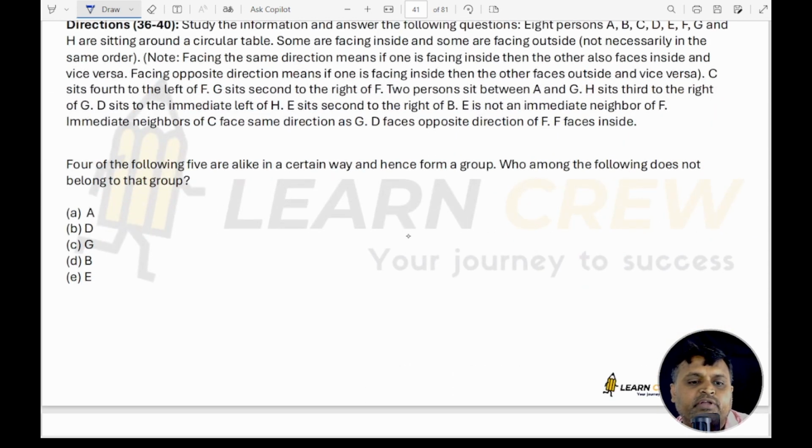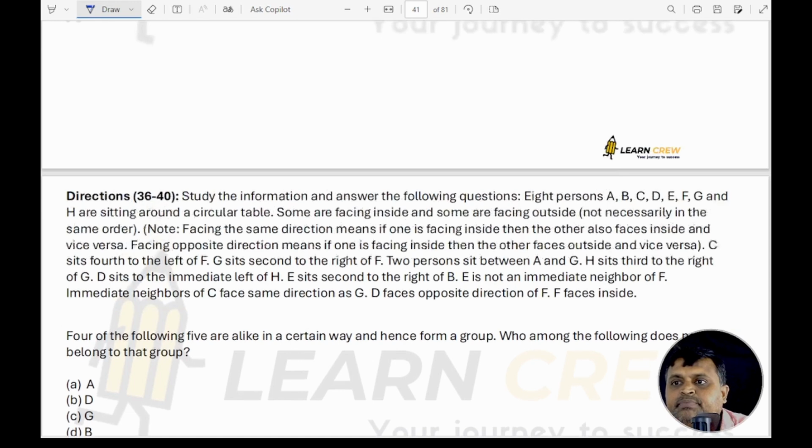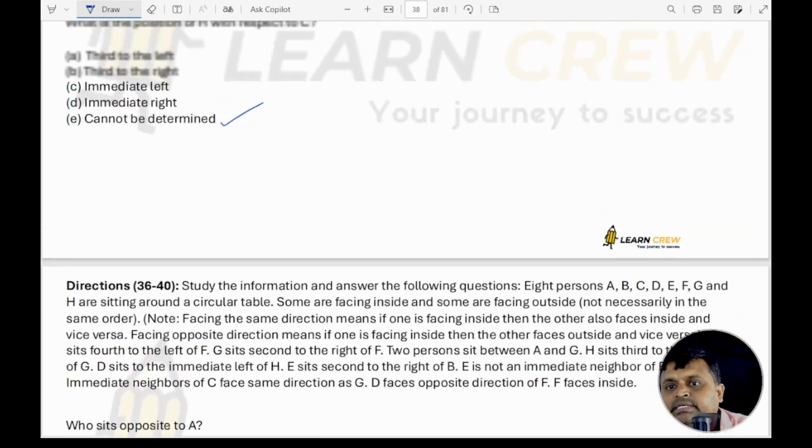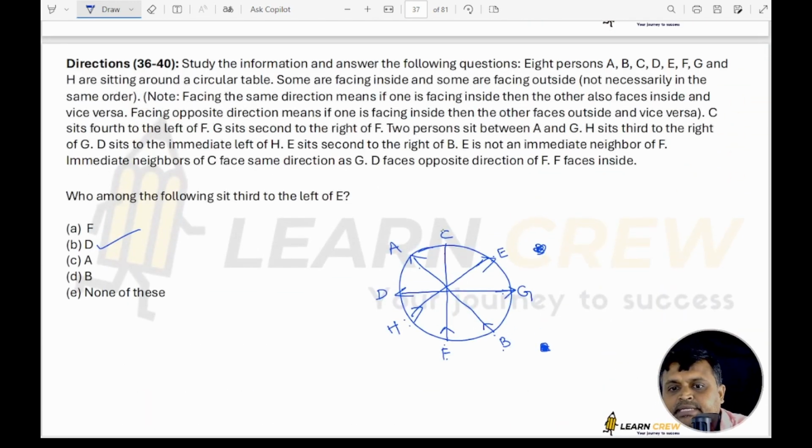Now see the 40th question. Four of the following are alike. Who does not belong to the group? A, D, G, B, E. Please see the figure.